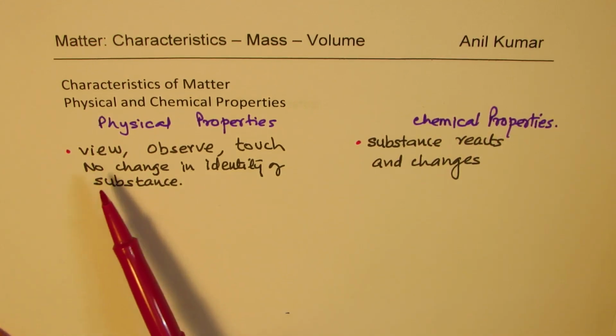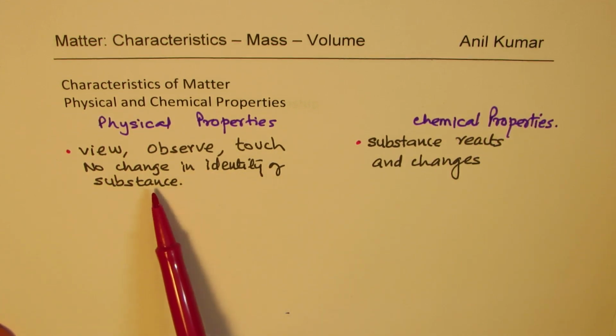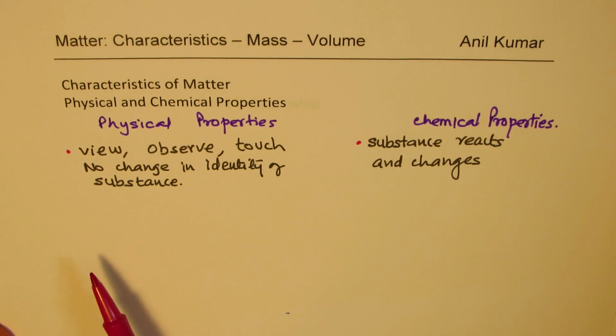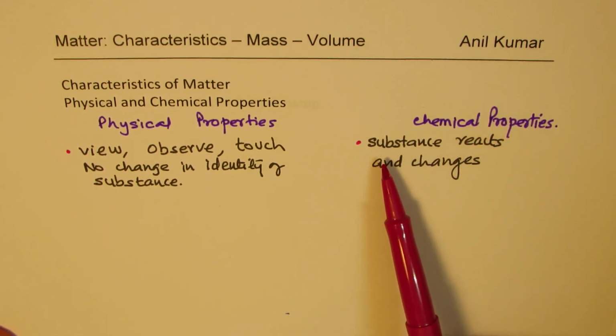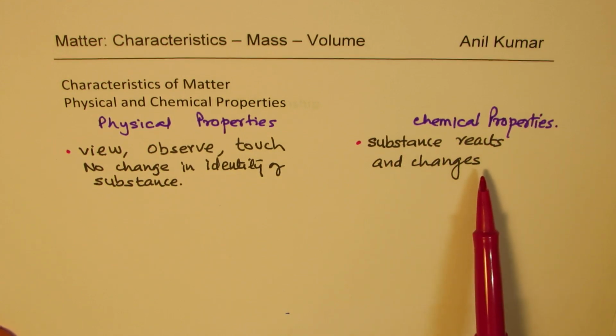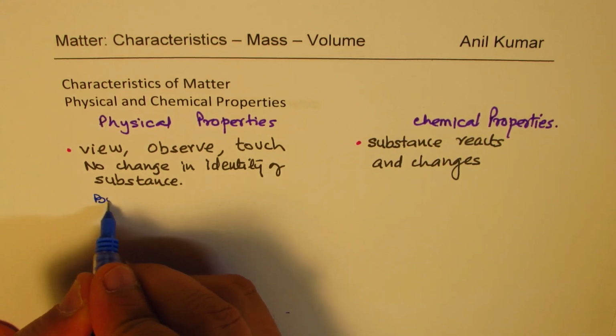So the observations where there is no change in the identity of the substance is a physical property. But on the other hand, there could be an observation where substance reacts and changes. That will be a chemical property. You understand my point, right? So for example, if I have a case of boiling water, right?